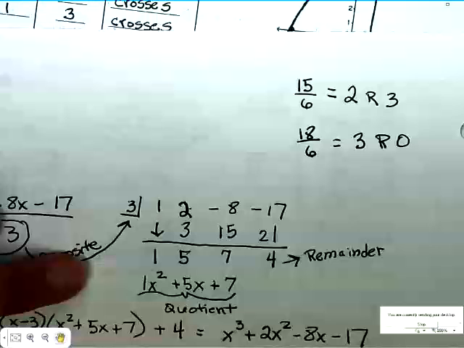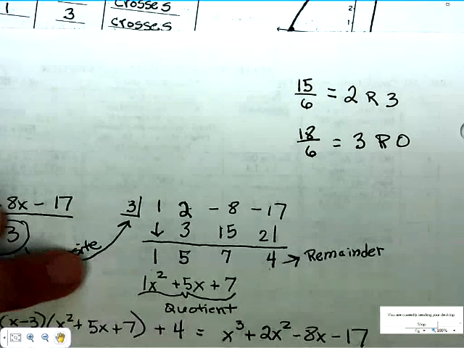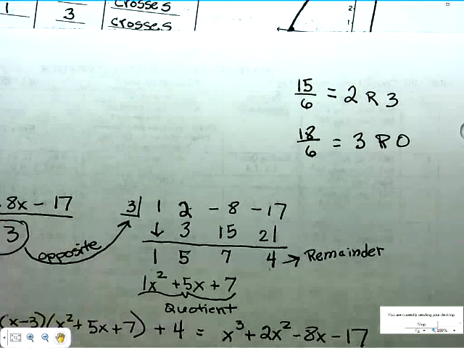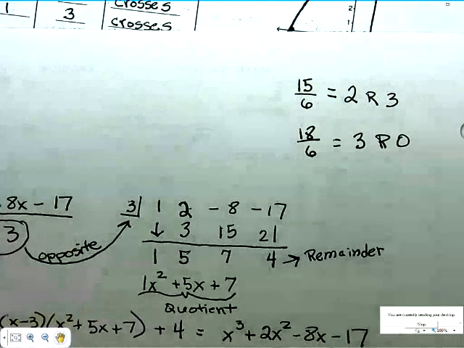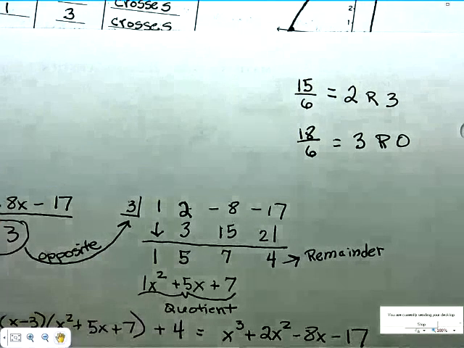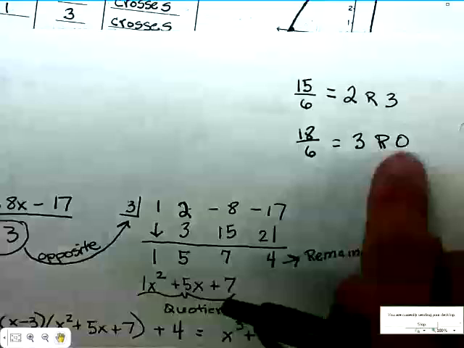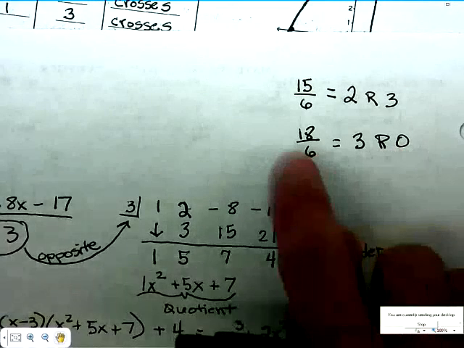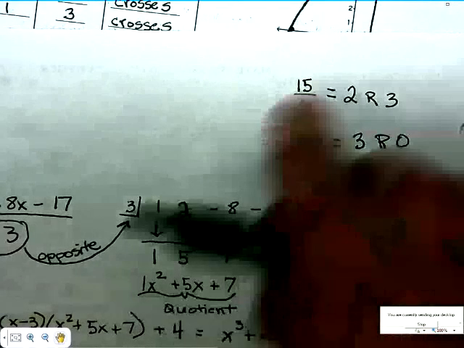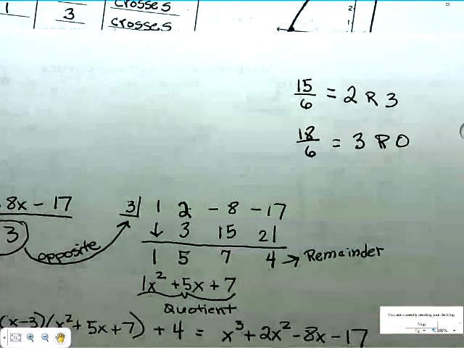6 goes into 18 evenly. Or what do you call a number that goes into another number evenly? It's a factor. If you get 0 remainder, then your divisor is a factor of the numerator. Those of you slamming books are missing good stuff, right?